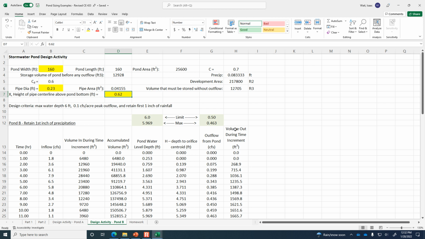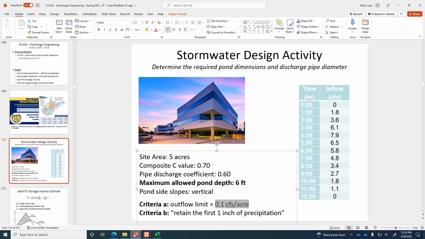It's actually going to store more than this minimum required amount because we're going in 1 hour steps. So hopefully conceptually that makes sense. The specific number crunching on this criteria B maybe is something we could think about another day. But are there any pond related questions before we just move on to these empirical methods?